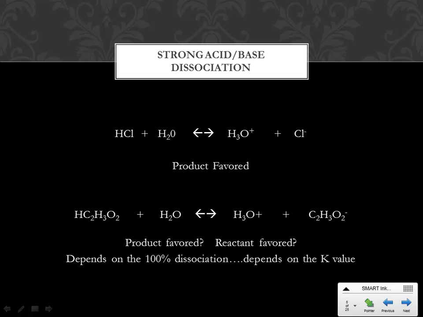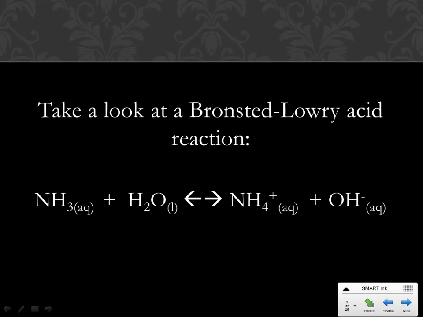Let's take a look at a Bronsted-Lowry acid reaction. If you recall, the water is the acid because it gives up the proton, and the NH3 is the base because it accepts the proton.